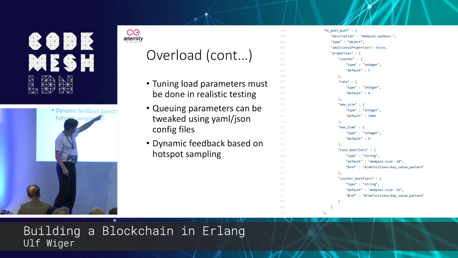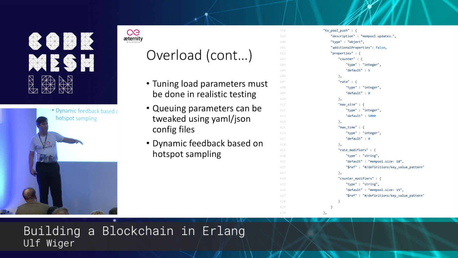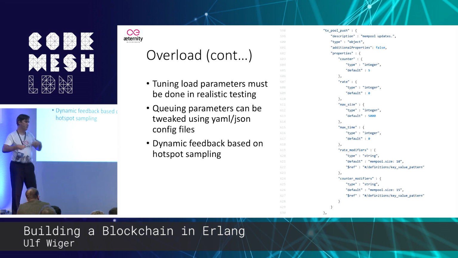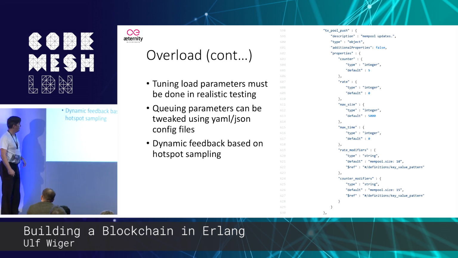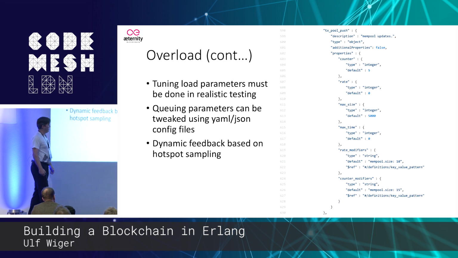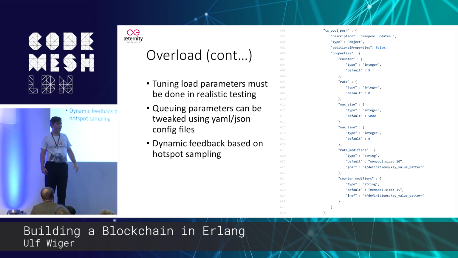Every queue has parameters with defaults in the schema, and you can tweak those, restart nodes and rerun your tests. Because essentially you have no idea what those parameters are going to be before you've load tested it and profiled.